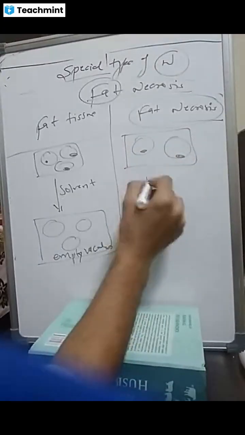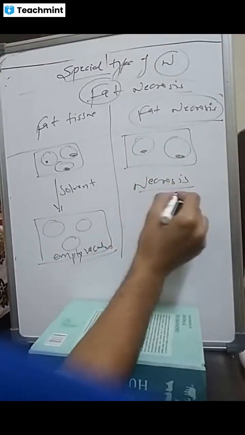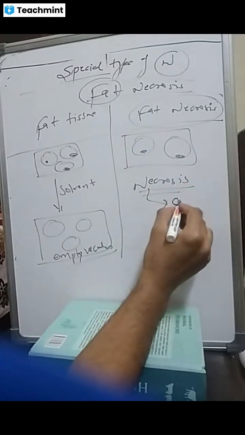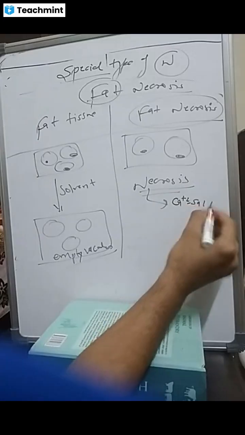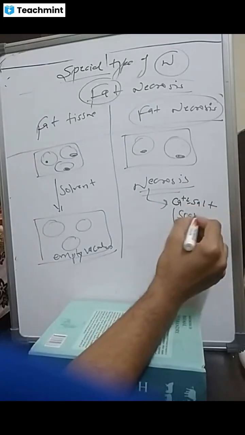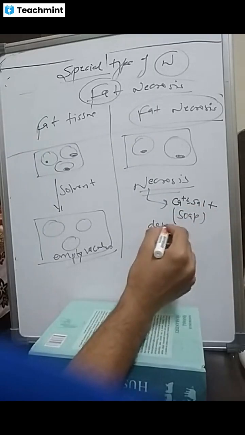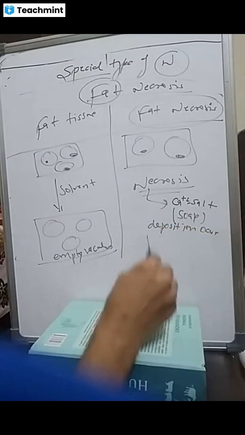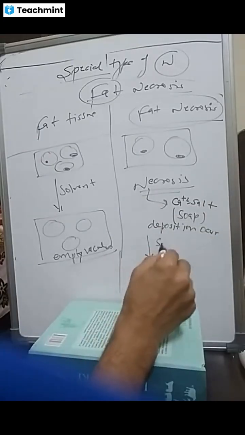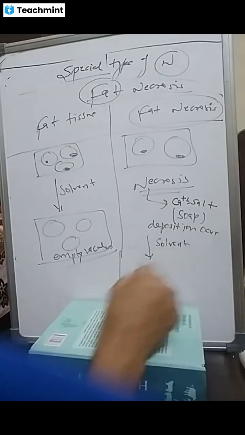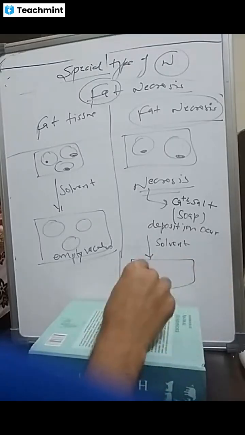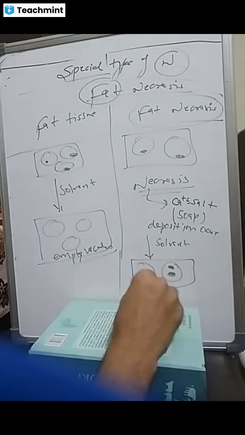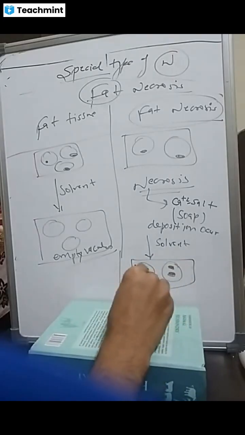because of necrosis, some calcium salt, also called soap, deposition occurs. So once you pass them through your histopathology solvent, you will find this is an adipocyte with some deposits inside the cell.